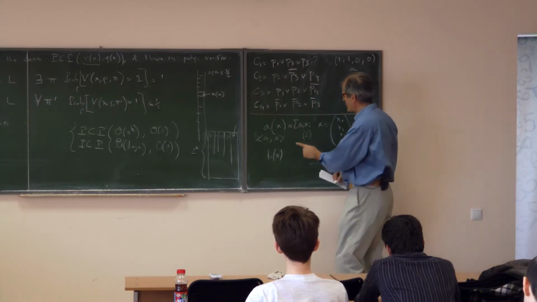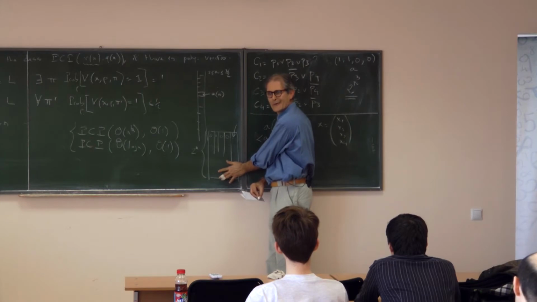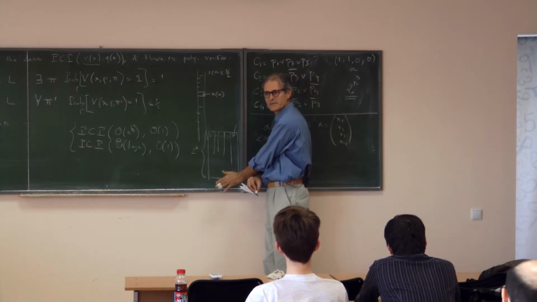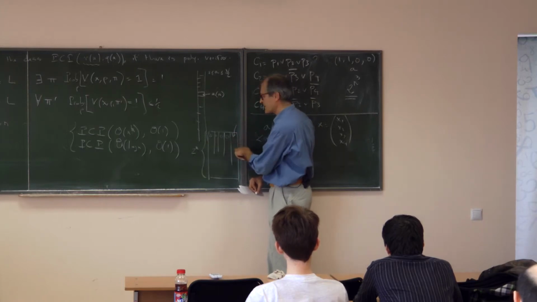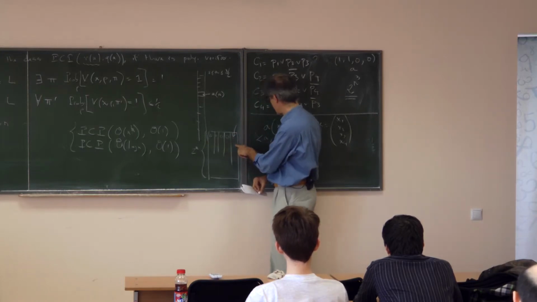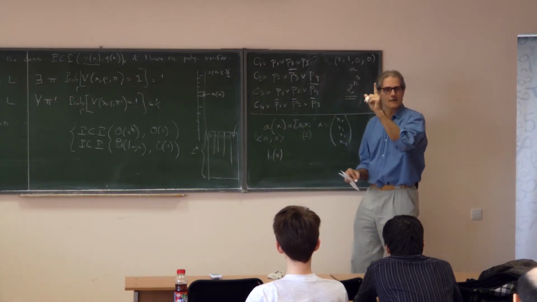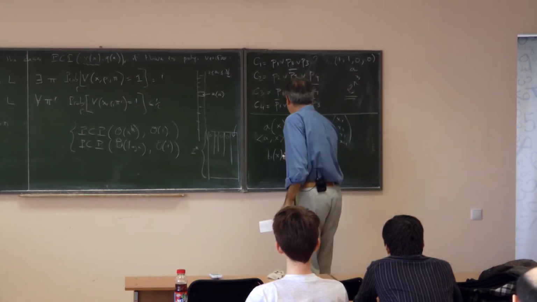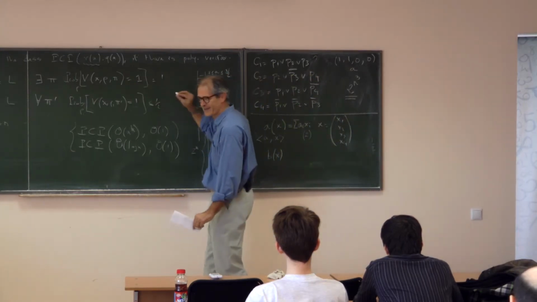What do you think the proportion is? I have a big table for a and a big table for b, right? If I take a random x, a random position here, what is the probability that a of x equals b of x? 1/2.